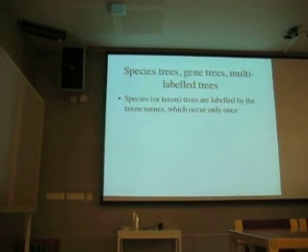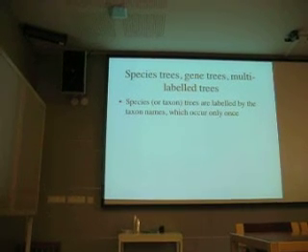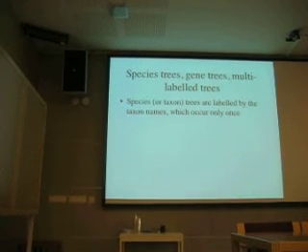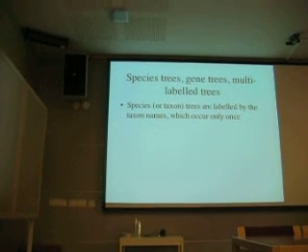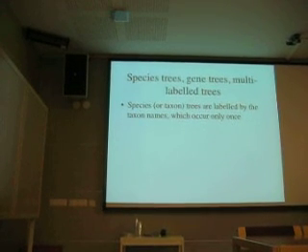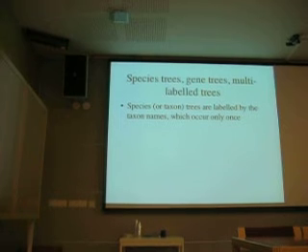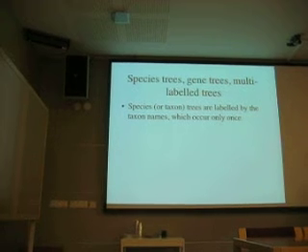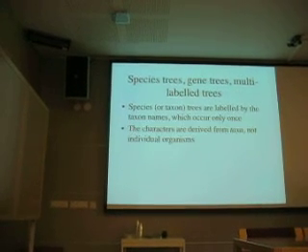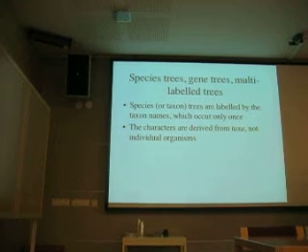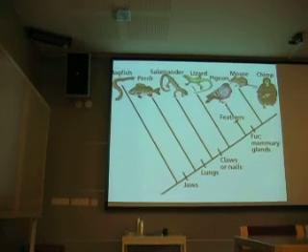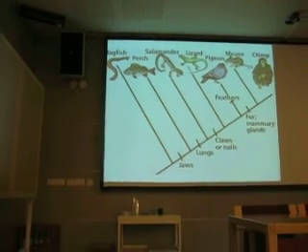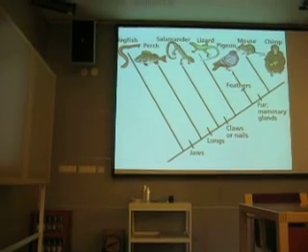And one problem here is, again, the difference between taxa and specimens. Species trees are quite simple in the sense that they are labeled by taxon names, and they occur only once. This is how, in the early days of phylogenetics, phylogenetic trees were usually built.